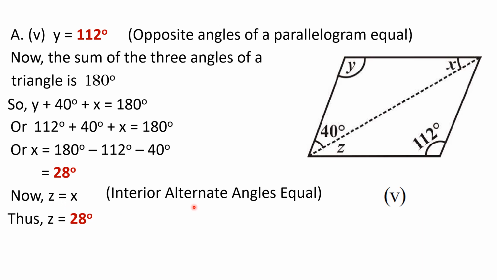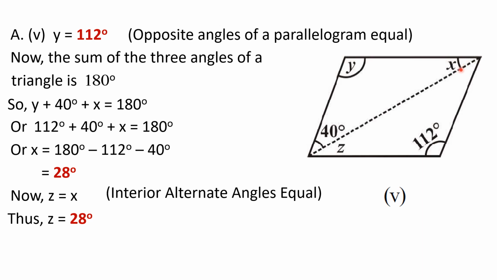Now z is equal to x. This z is equal to x. Why? Because this side of the parallelogram and this side of the parallelogram are the opposite sides of this parallelogram, hence they are parallel to each other, and this diagonal is acting like a transversal.